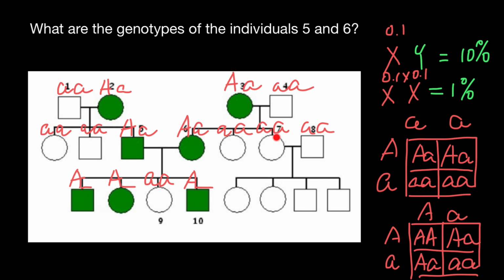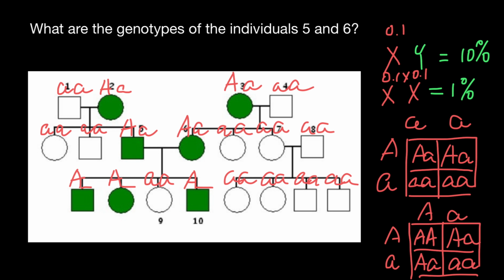And of course, 2 homozygous normal people who have only recessive alleles would have progeny that are all homozygous recessive and phenotypically normal. So this is an autosomal dominant genetic disorder, and the genotypes of individuals 5 and 6 have to be heterozygous.